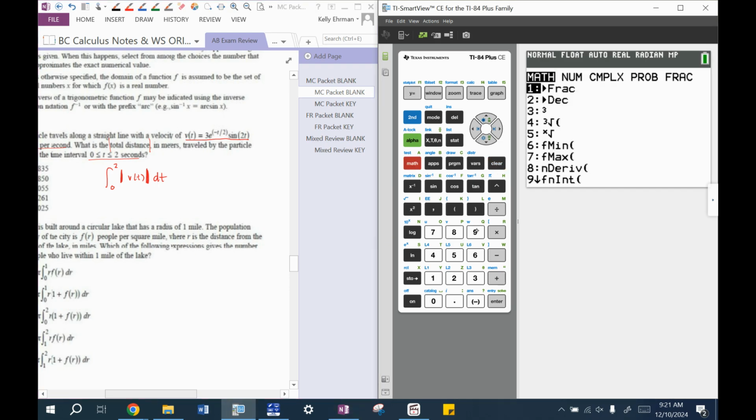So this is math 9, 0 to 2. Absolute value, I go to the math menu and over to number. It's also somewhere up here. Oops, I put it in the totally wrong spot, so get this back. So math, number, absolute value. Okay, and then v of t is 3 e to the negative x over 2 times sine of 2x.